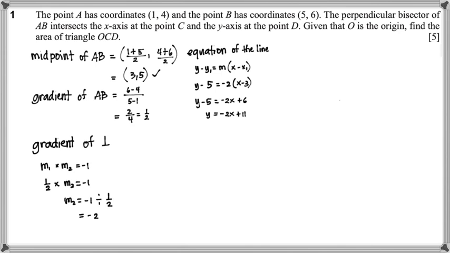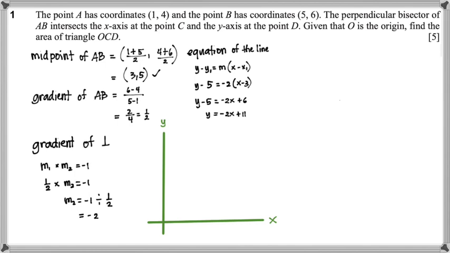To better visualize the problem, maybe we can draw this out. Let's use maybe another color. So if this is the y-axis and this is the x-axis, the coordinates of AB originally are 1, 4.